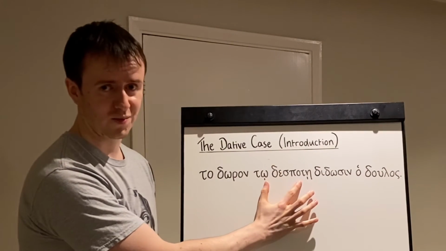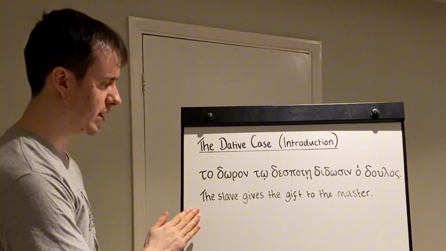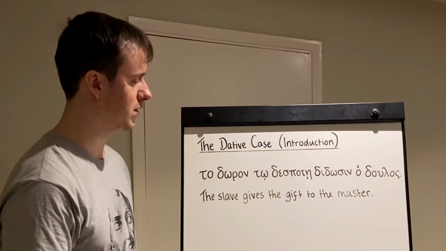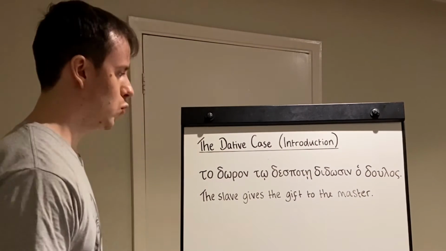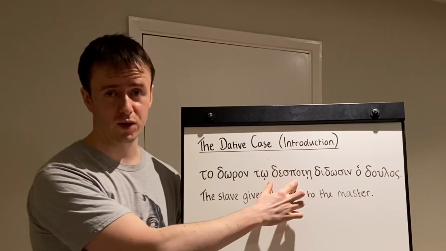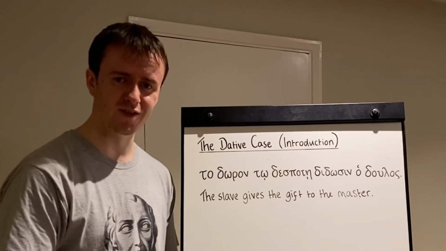And so we shall translate this sentence as: The slave gives the gift to the master. You could of course say the slave is giving the gift to the master. Once again, in this sentence, the dative was being used to indicate the indirect object, because the master is the person to whom something is being given.